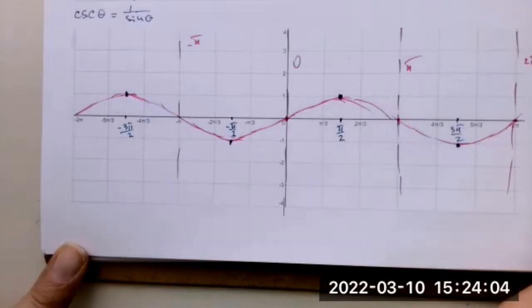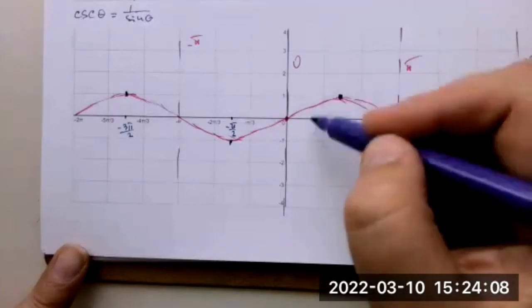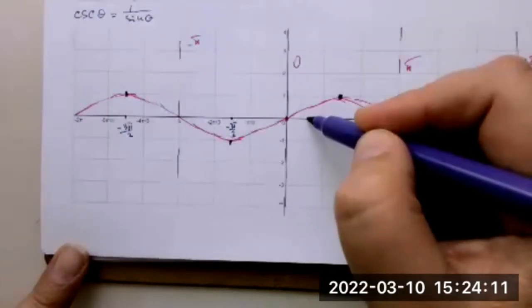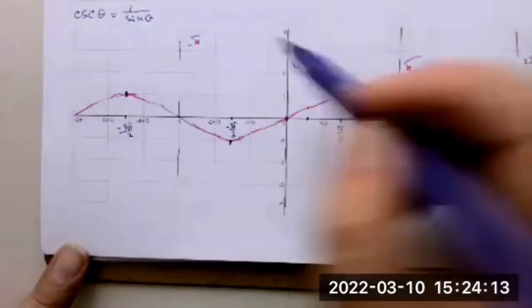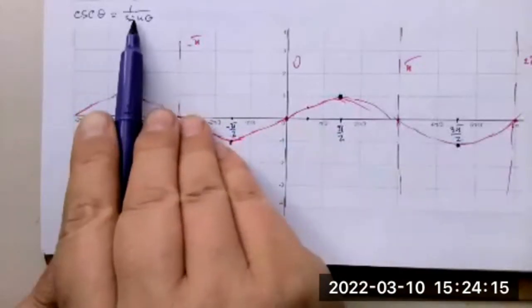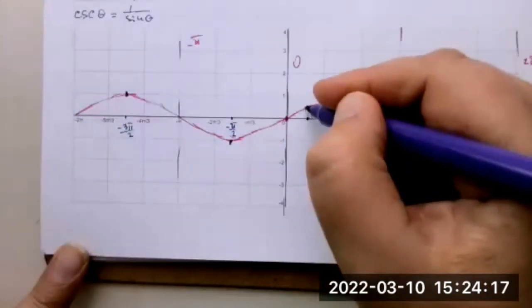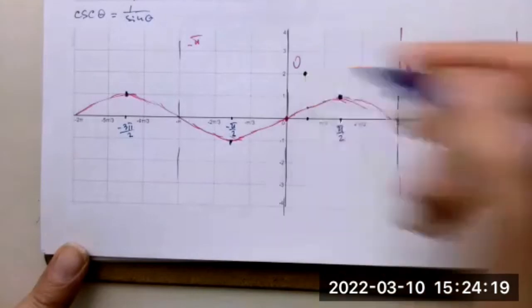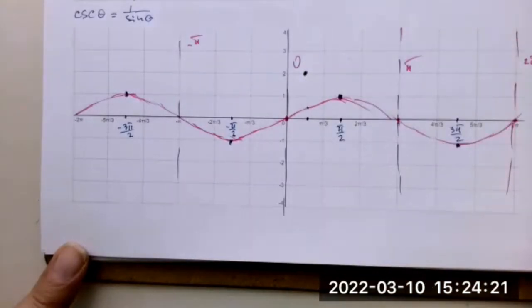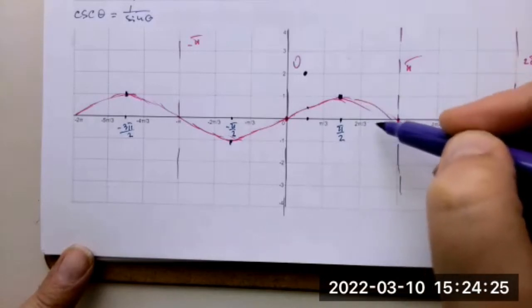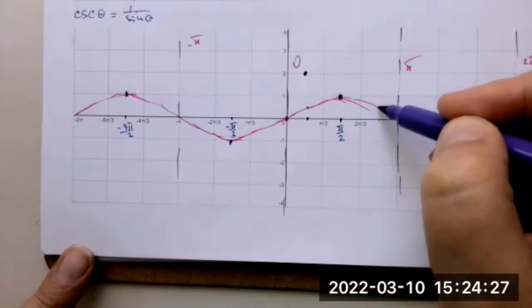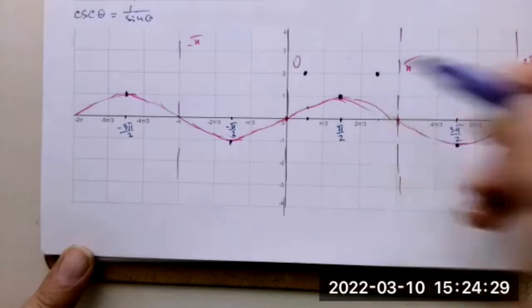Now let's see what else. Well, we know that the sine value at pi over 6 is 1/2. So what's the cosecant value? 1 divided by 1/2 is going to be 2. So that's a point on the graph of the cosecant function. The same happens at this point.